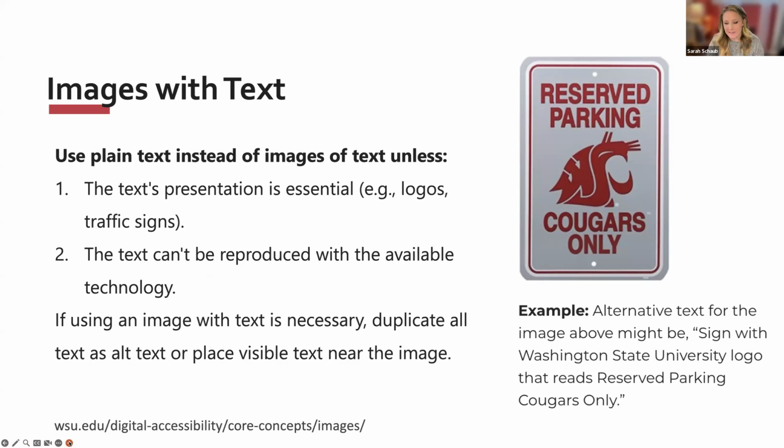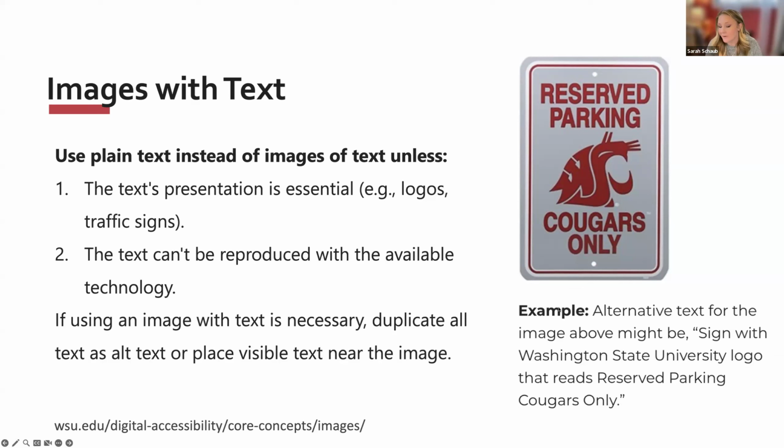So images with text. This is another common thing that we see. Over on the right-hand side of the screen, there is a picture that I took a screenshot of from the Digital Accessibility website. It is a gray sign with a red border that says reserved parking, Cougars only, with a cougar head on it.